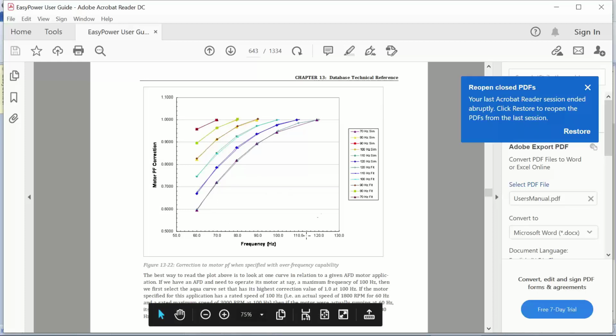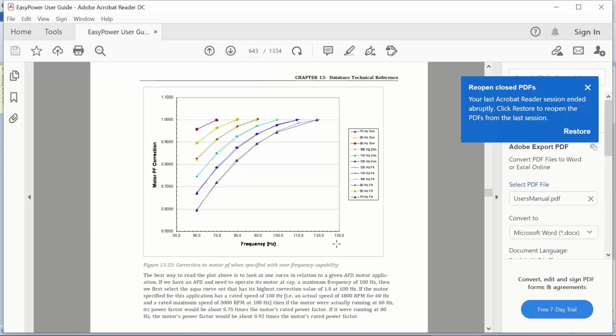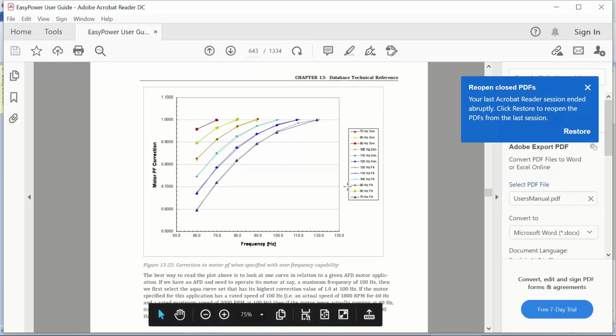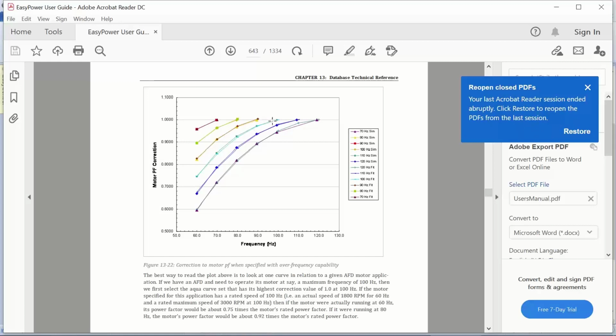And the example that's being shown is a motor designed for 100 hertz, which is going to be this turquoise line up here, which at 100% of its frequency delivers 100% power, and it doesn't have a need for correction.